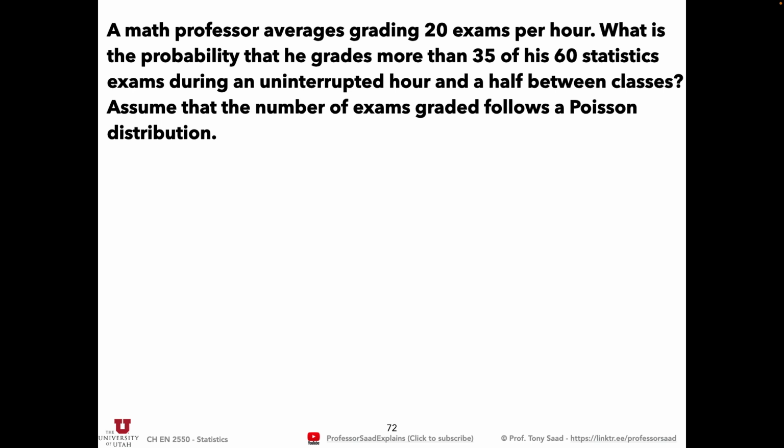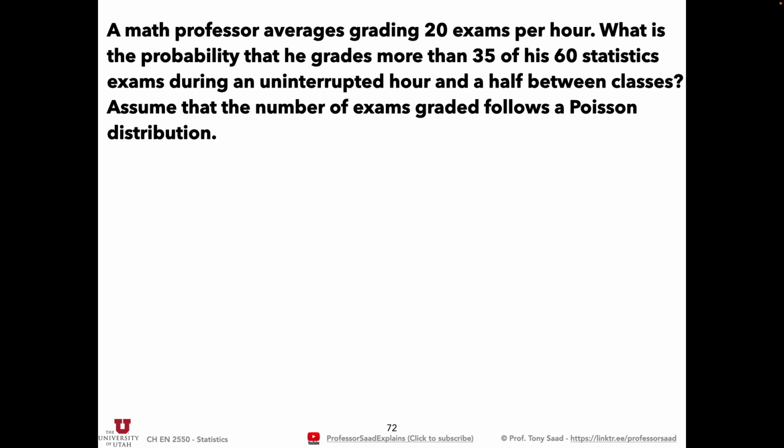So what is the probability that he grades more than 35 of his 60 statistics exams during an uninterrupted hour and a half between classes? Our interval is 1.5 hours. He does 20 exams per hour, so multiply that by 1.5 and you get 30 exams.